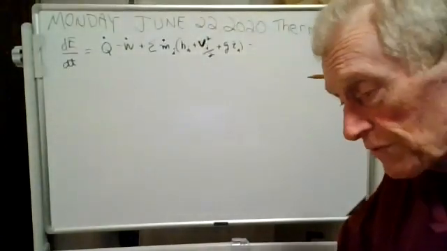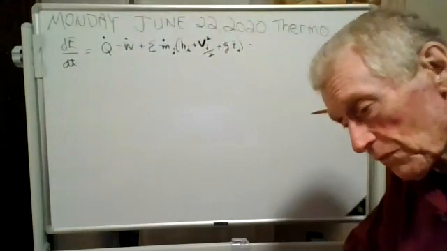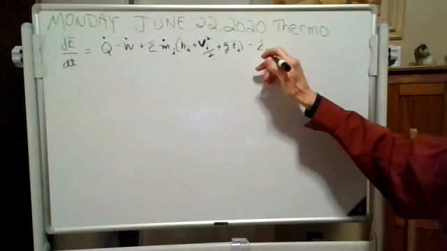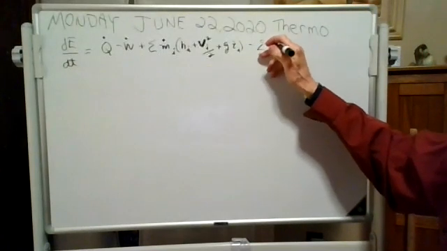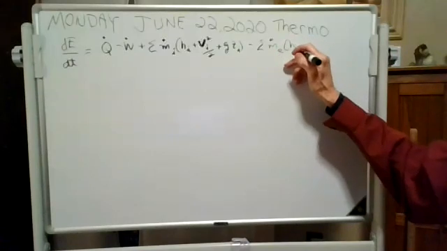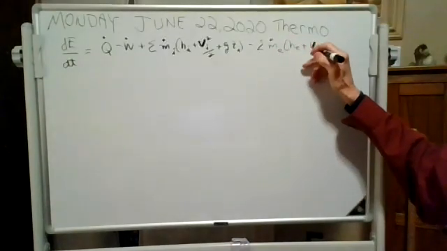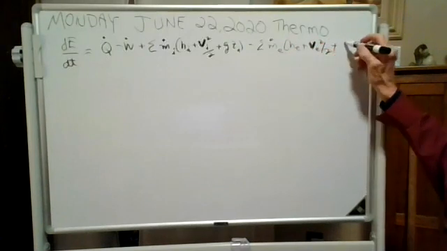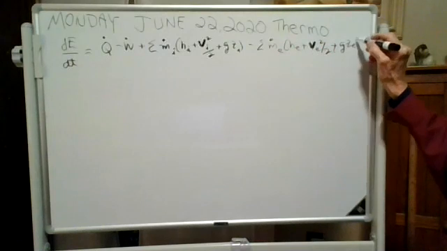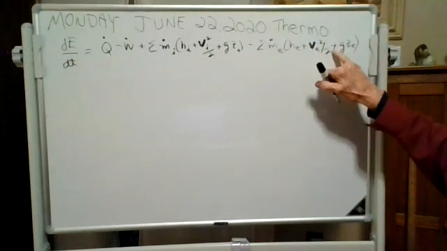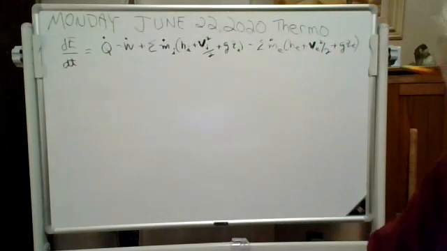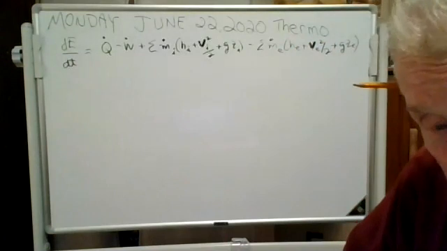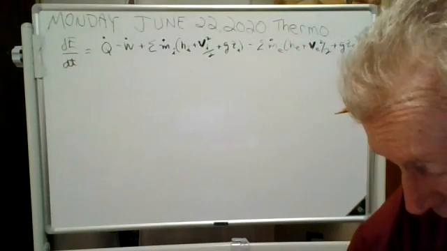For a simple problem, if you just have one inlet and one outlet, you don't need the summation sign. That is the first law of thermodynamics for a control volume.